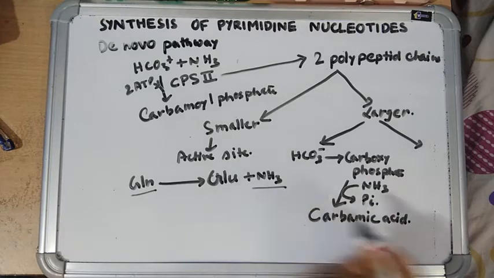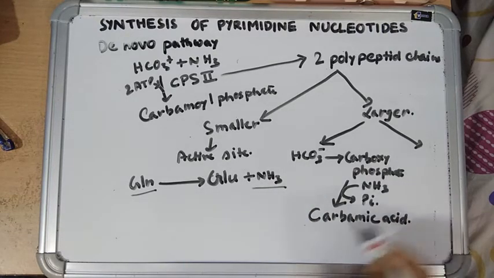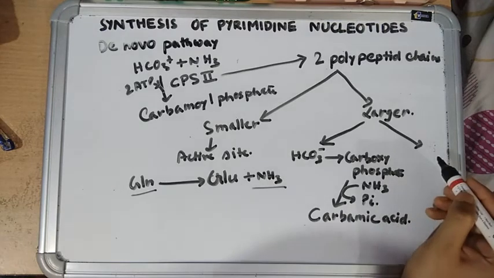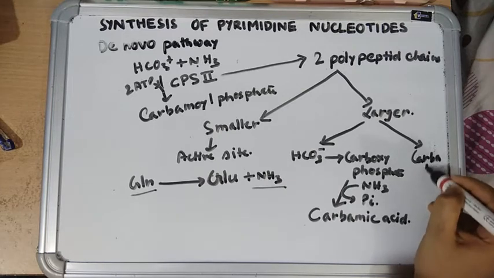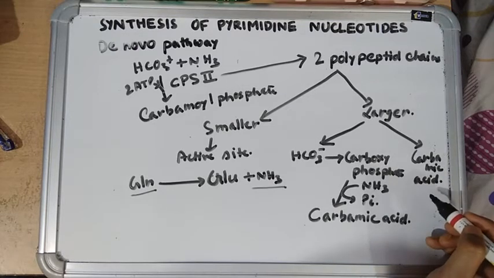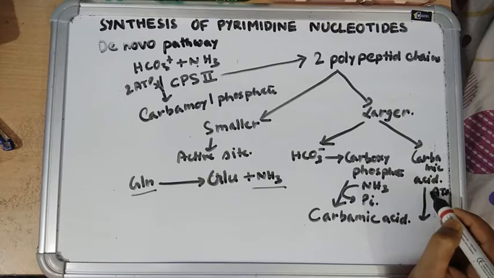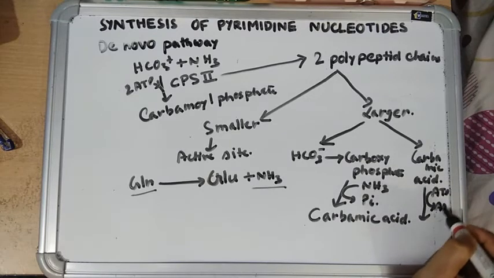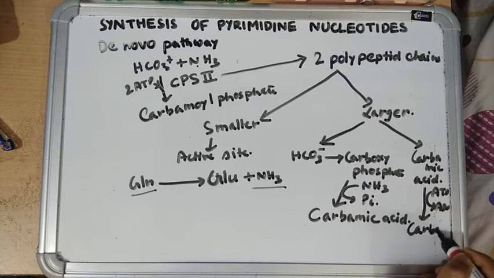So this ammonia is combined with carboxyphosphate to form carbamic acid. And in the larger chain, this carbamic acid gets phosphorylated with the help of ATP to form carbamyl phosphate.